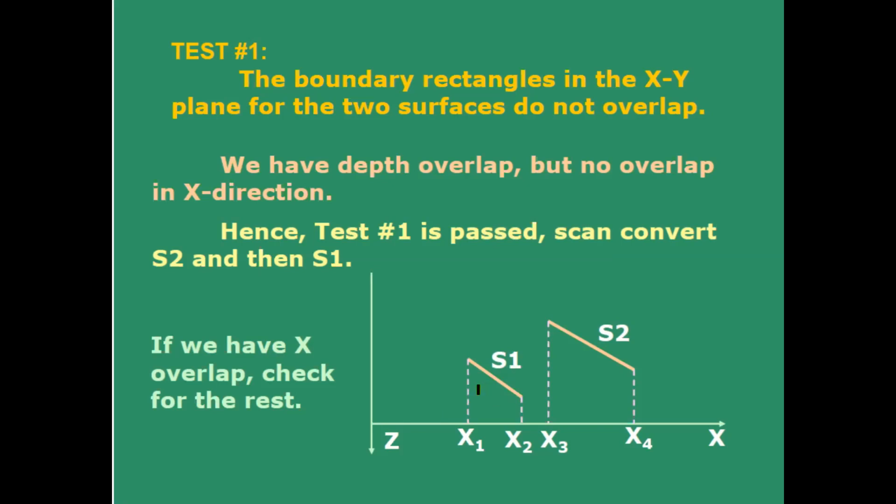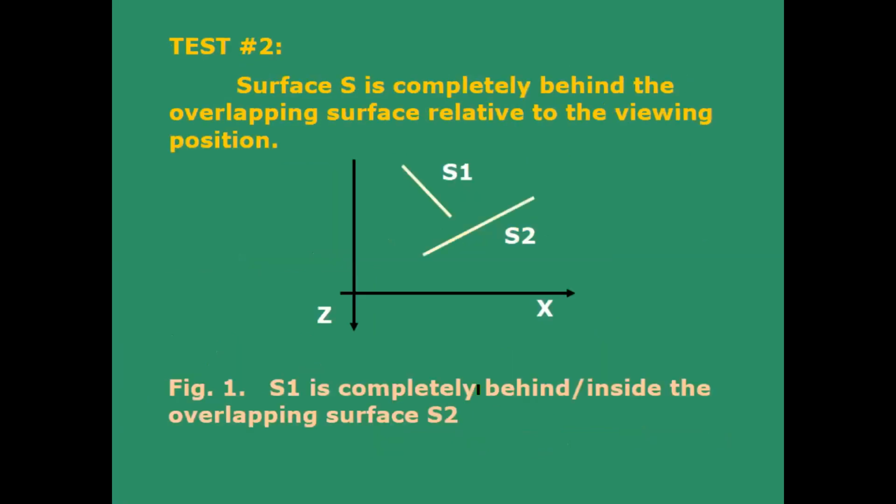But if we have an overlap, then we need to go to the next condition, that is test 2. It says that surface S is completely behind the overlapping surface relative to the viewing position. If your surface is completely behind some overlapping surface, then what do we need to do?